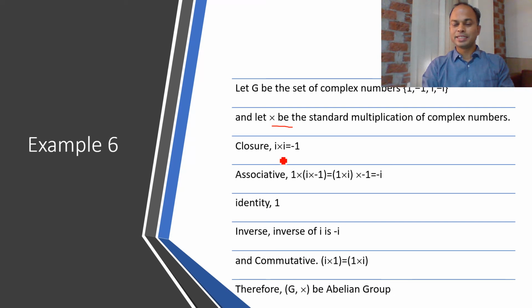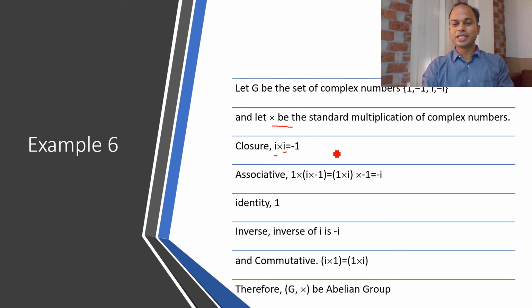Say we are taking two numbers. We are taking i and multiplying i by i. Then i multiplied by i equals i square, and i square equals minus 1. And minus 1 is a part of this set, because this set is 1, minus 1, i, minus i.